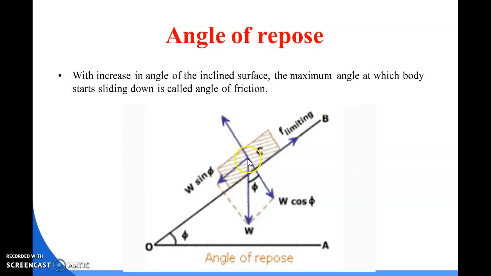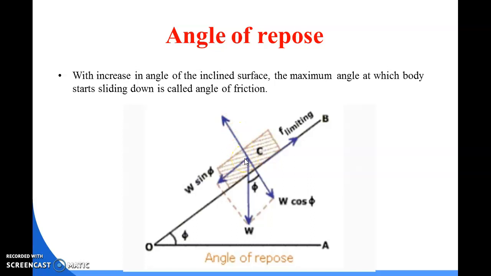As per the body, this one is the weight of the body, and this upward direction is the normal reaction to the weight of the body.